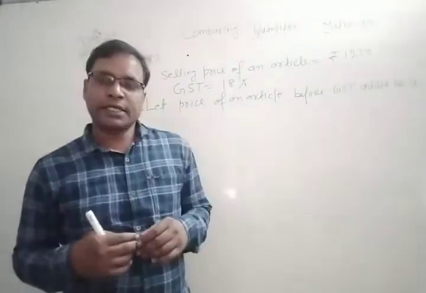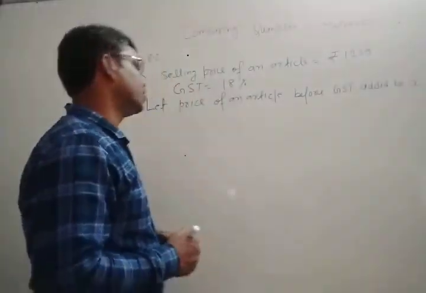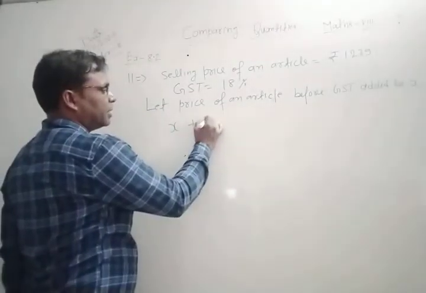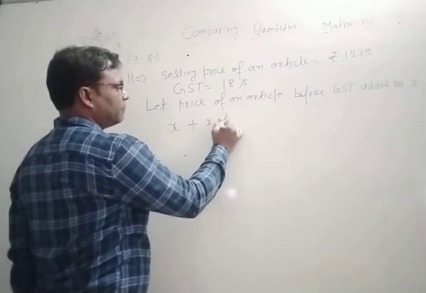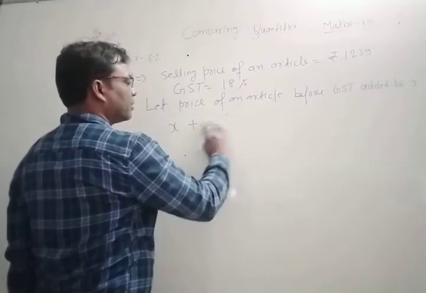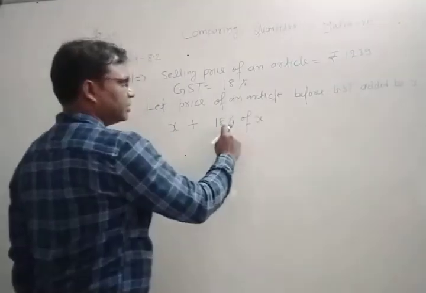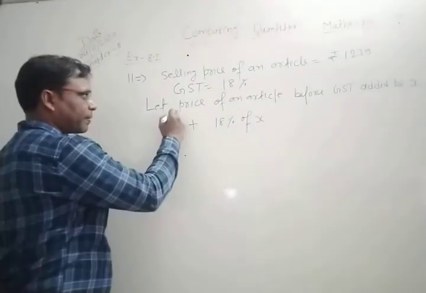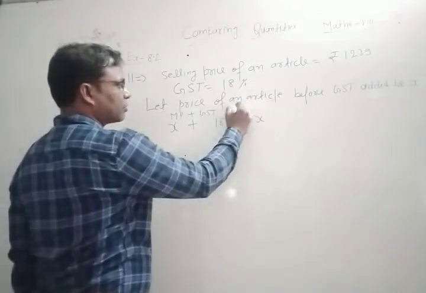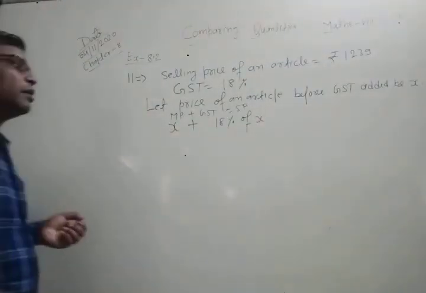If you add the GST on this amount x, then you obtain the selling price. So you can write here: this is x, our market price, plus this is your GST, 18% of x. This is the GST. This is the MP. Market price plus GST is equal to SP. Clear?